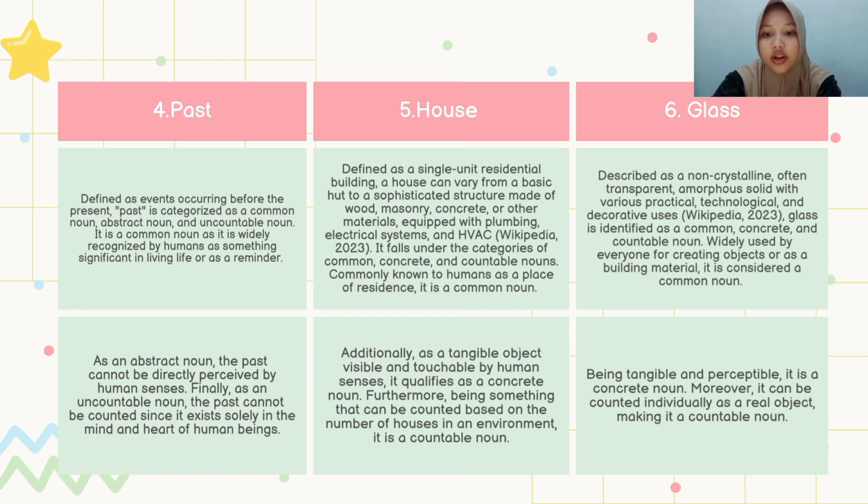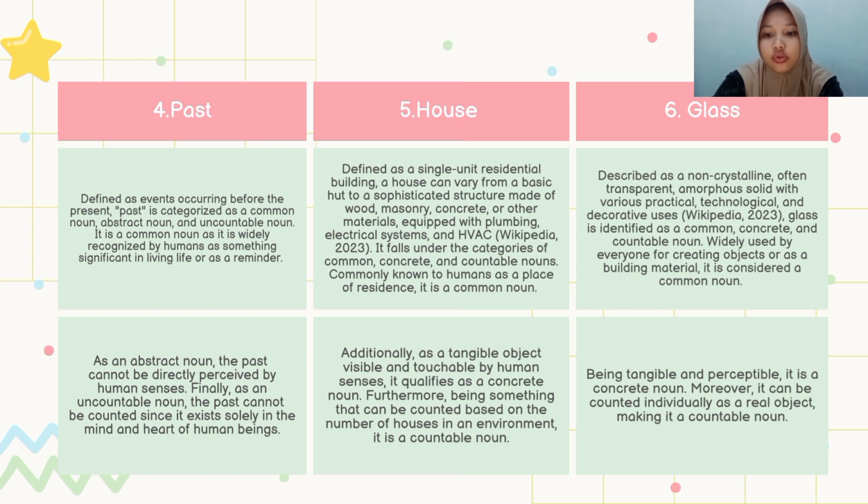The fifth is house, defined as a single unit residential building. A house can vary from a basic hut to a sophisticated structure made of wood, masonry, concrete, or other materials equipped with plumbing and electrical systems. It falls under the categories of common, concrete, and countable noun.